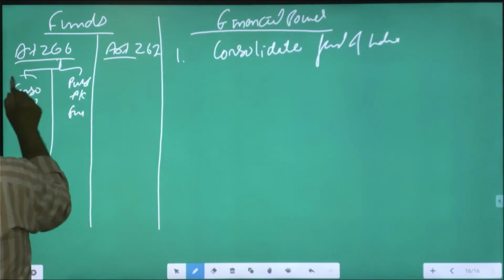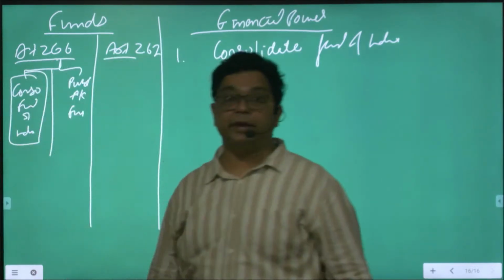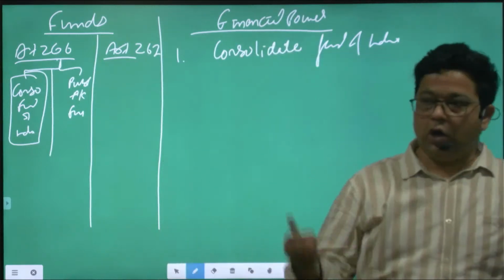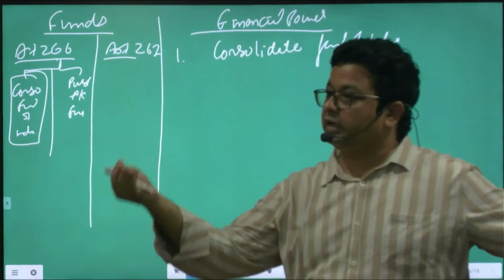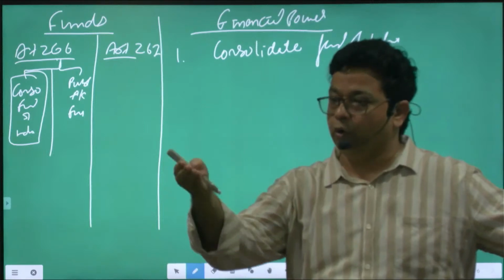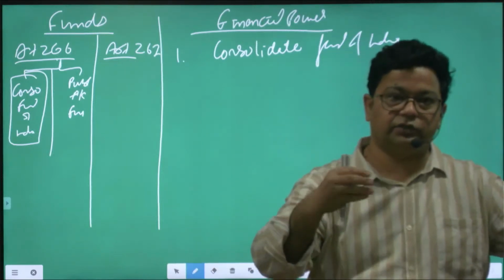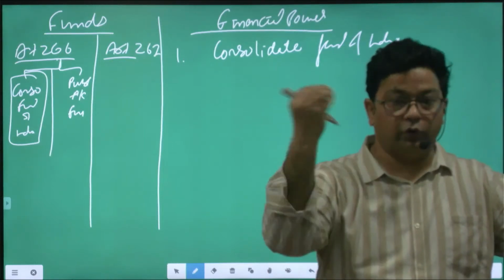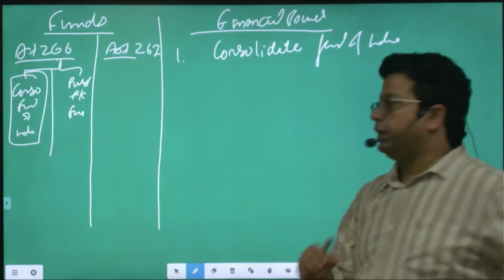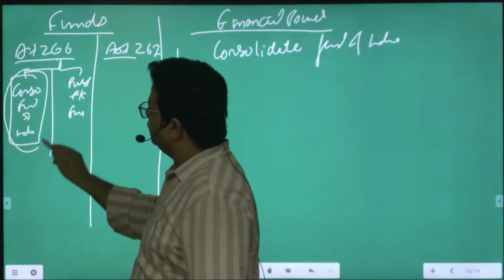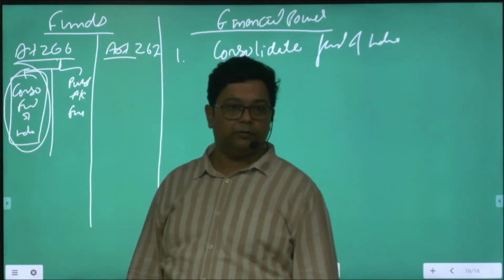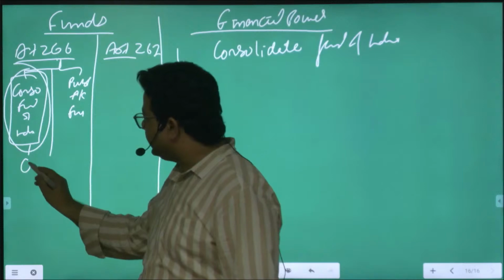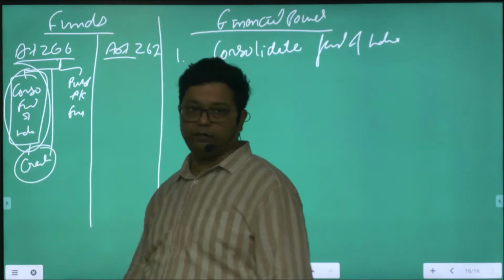This consolidated fund of India is the main fund of the government. All the money credited, whether through loans, through direct or indirect taxes, or borrowing of money, all that money comes into the consolidated fund of India. Right? So all the money credited to the government is in the consolidated fund of India.